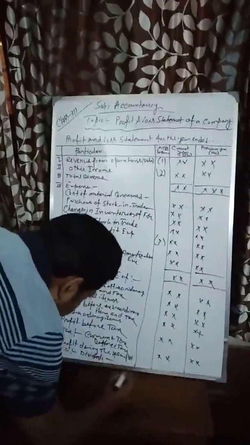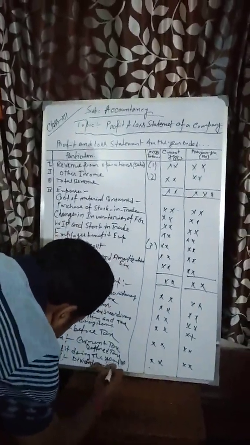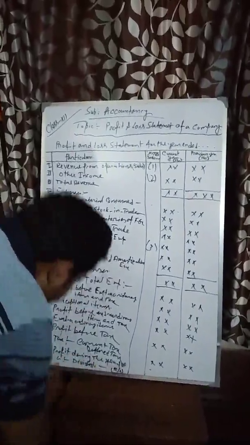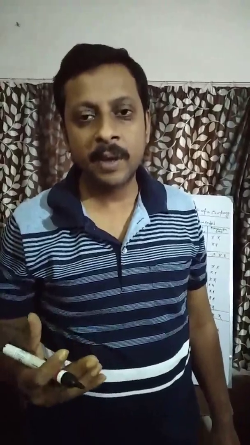After deducting dividend, you have to transfer to the balance sheet. After that you can also do one more thing, that is your share value, equity per share, that is earning per share, basic or diluted.